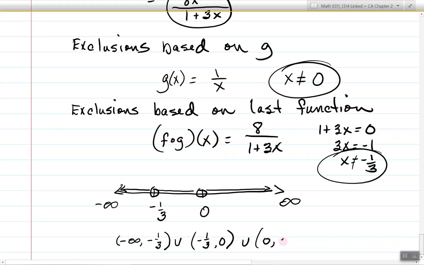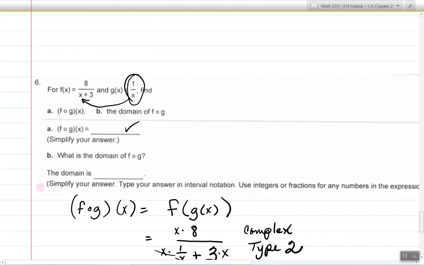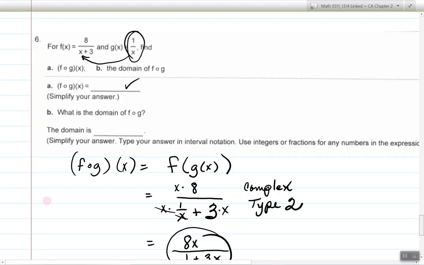Now that is a good bit of writing to simply say x can't be 0, x can't be negative 1/3, but that's how you would have to type it. So you have to make sure if there is a domain exclusion on the inside one, and I say inside from this statement, you have to make sure you immediately exclude it, x can't be 0, and then when you plug it in, look at what you've got and see if any new exclusions have occurred, and they did.